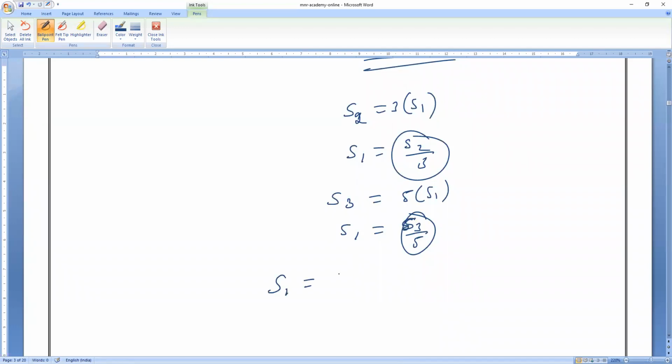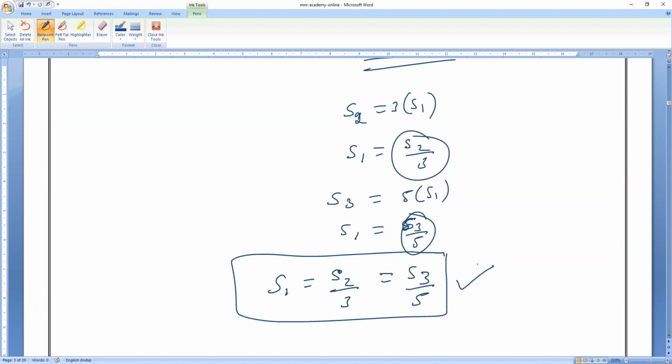So S1 is equals to S2 divided by 3 equals to S3 divided by 5. Is it right or wrong? You can verify. So that option will be there, that is why I am modifying it.